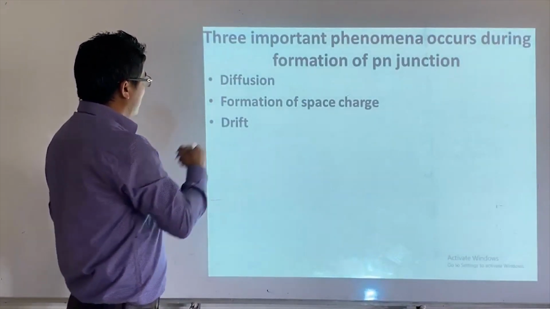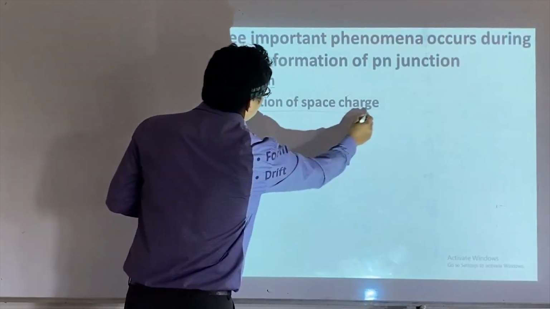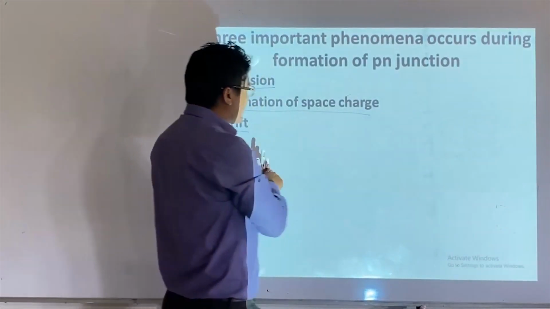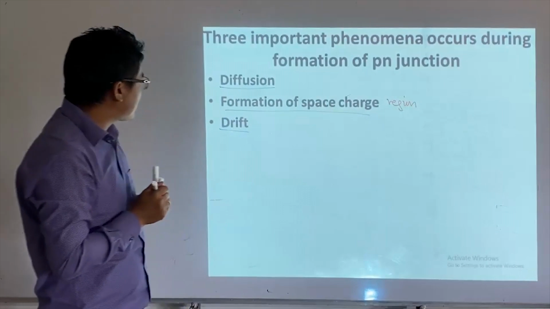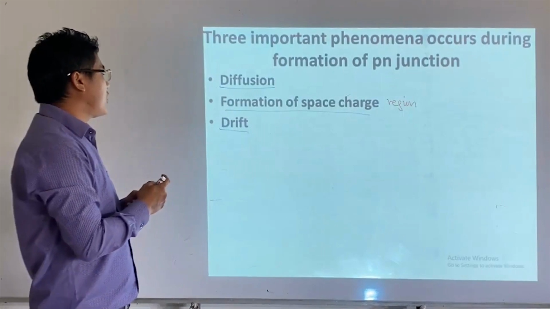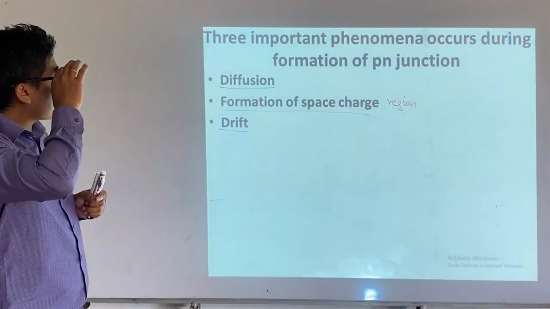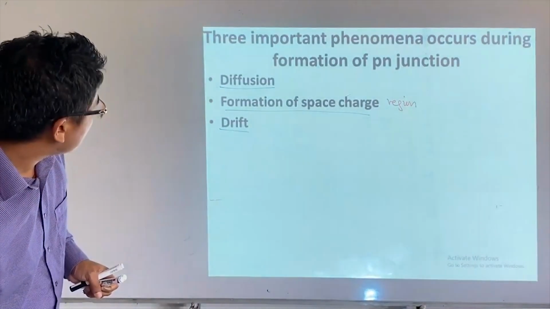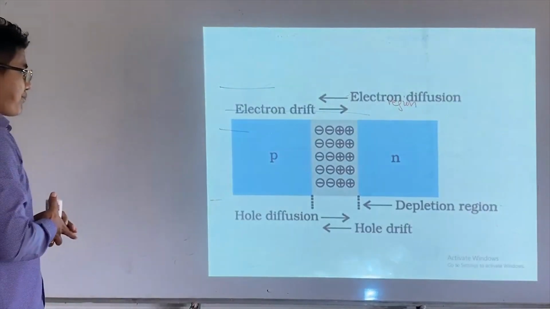One is diffusion, another is drift, and the third is formation of space charge regions. Diffusion current, drift current. These three things I am going to explain. So three important phenomena occur during formation of a PN junction diode.